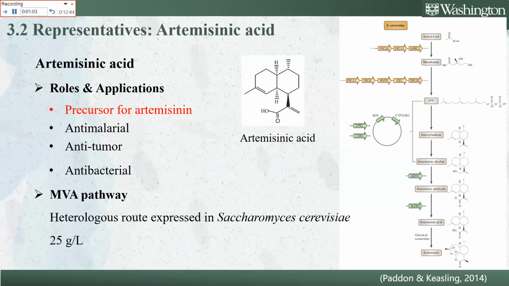In synthetic biology, the reconstruction of a complete plant terpenoid pathway in cells such as E. coli and some yeasts offers novel avenues for the production of artemisinic acid, especially yeast. Yeast is recognized as a better platform to synthesize artemisinic acid, and the yield of artemisinic acid has been achieved up to 12.5 grams per liter.